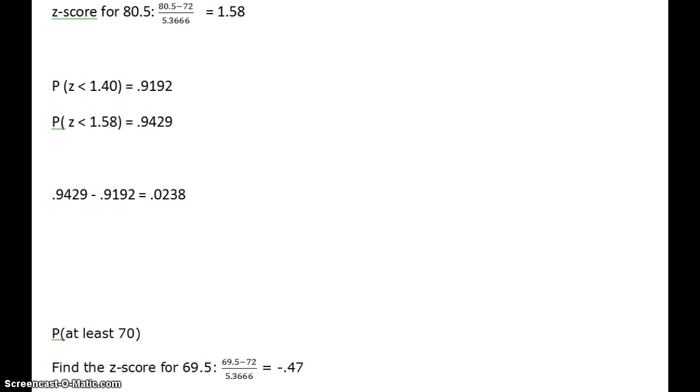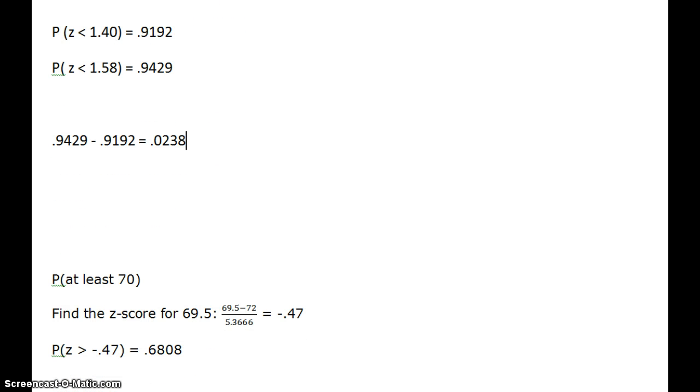Okay, and then part B says at least 70. So again, we have to adjust by 0.5. So we want 70 or more. So this time, the 0.5 adjustment, we need to go down to 69.5. We go down because 69.5 or more includes the 70 or more. Again, we don't want to adjust the wrong way.